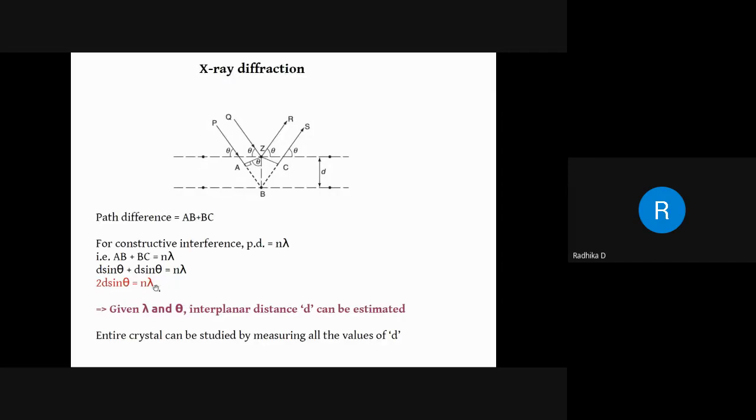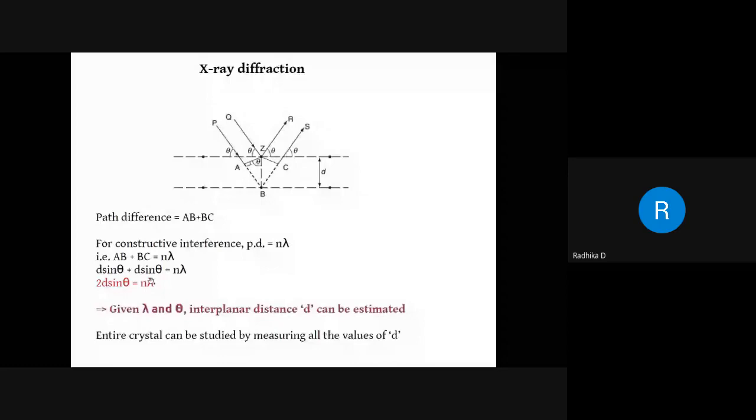The main reason is this. The wavelength of X-rays is of the order of angstrom. What is 1 angstrom? 10 power minus 10 meters. So the wavelength of X-rays will be of the order of angstrom. In the same way, this interplanar distance d is of the order of angstroms, 10 power minus 10 meter.